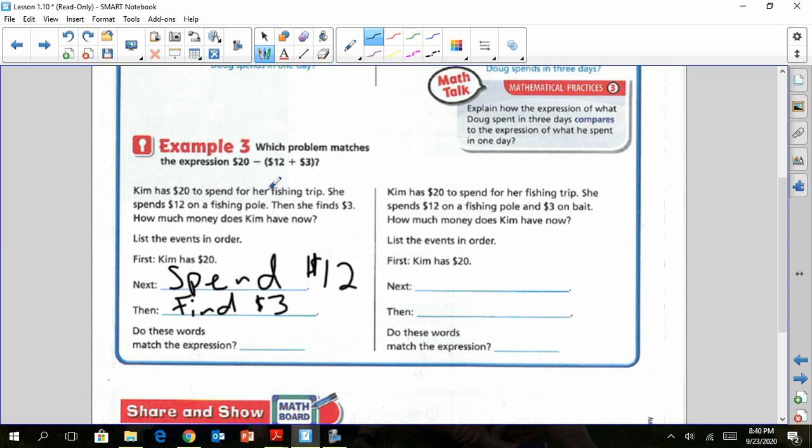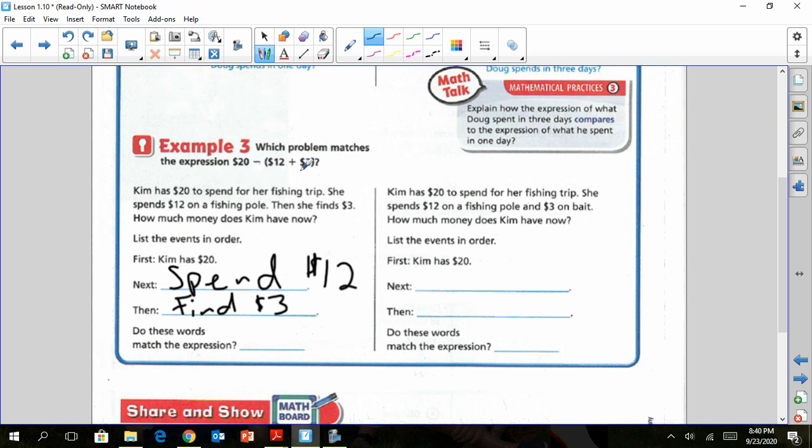So if we look at this, it reads 12 plus 3. Well, 12 plus 3 would be 15. Did she take away $15? If we spend 12 and then we find 3, it's kind of like spending $9. So no, this does not match the given expression up top.